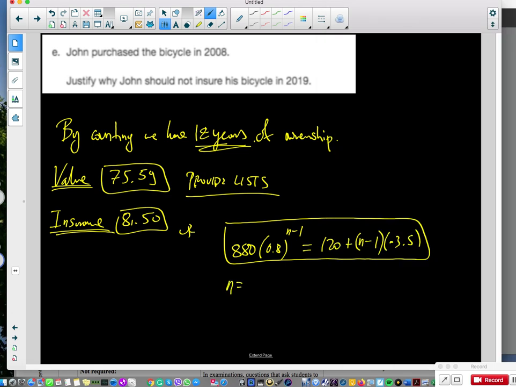So n equals 11.58. So after 12 years, which we have here, it will not be worth it.